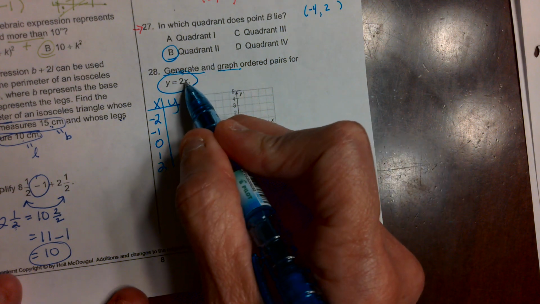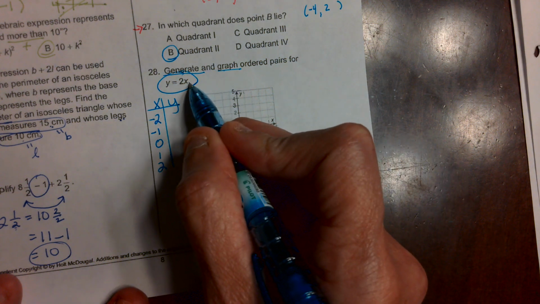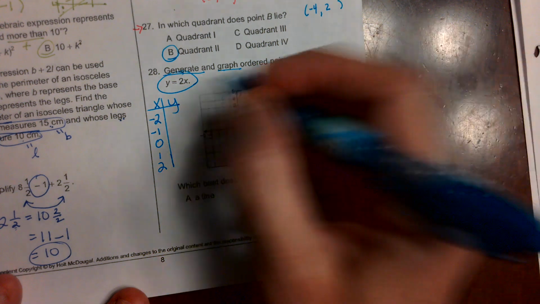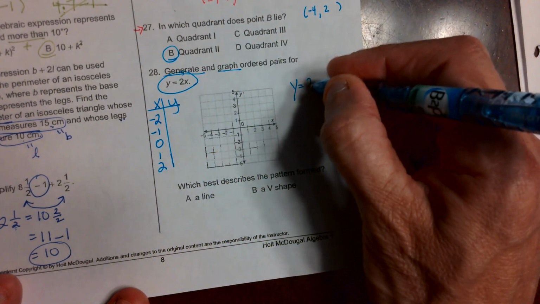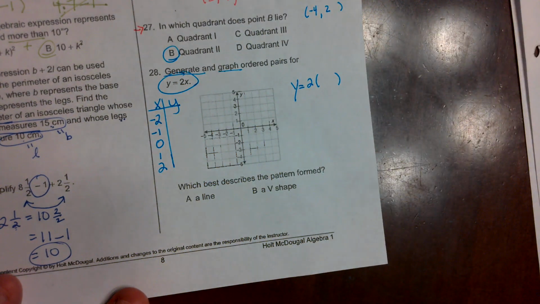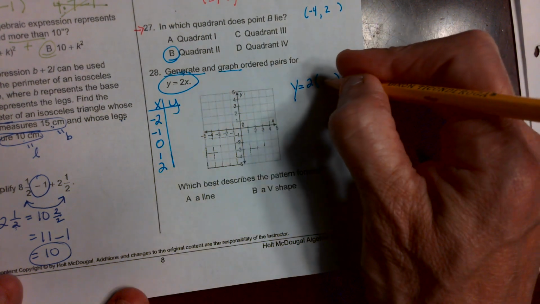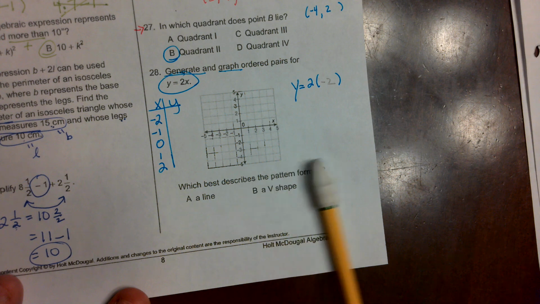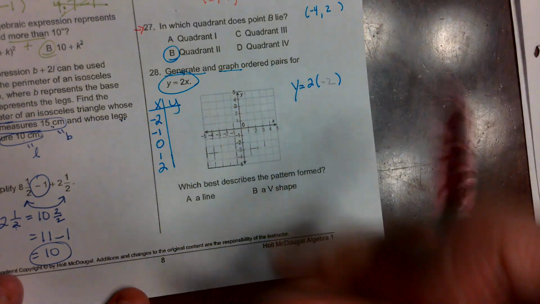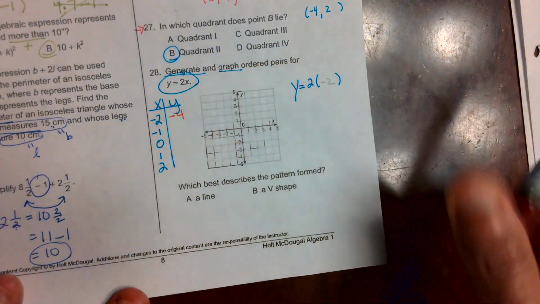Now you're going to substitute in what's the operation between these. It's multiplication. So I am going to now leave that open, and I'm going to use a pencil and put in the answer. So if I put a negative 2 in here, what do we get? 2 times negative 2, negative 4.